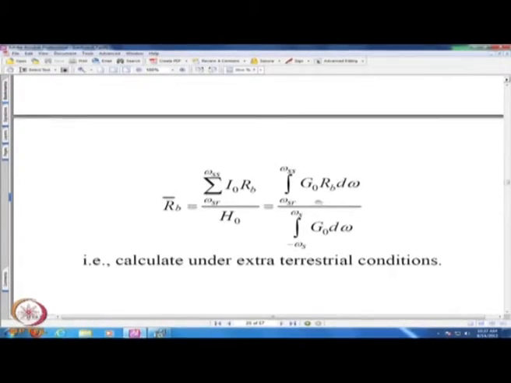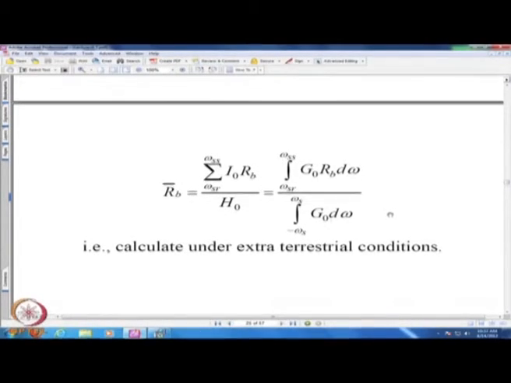So, in terms of intensity, I can go to my analytical integration procedure, because G_0 is an analytical value; you have an analytical expression for it. We can do that under what we will call extraterrestrial conditions. So, R_b bar, which is a weighted average of I_b R_b to I_b, has been calculated as a simple integral under extraterrestrial conditions.